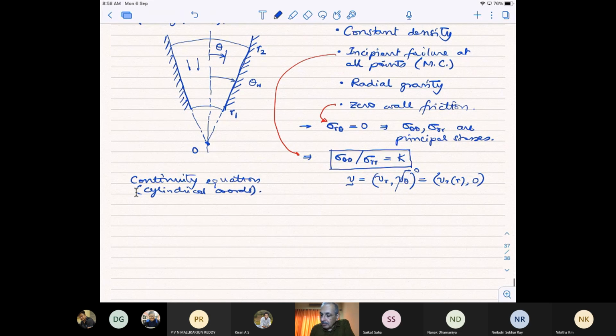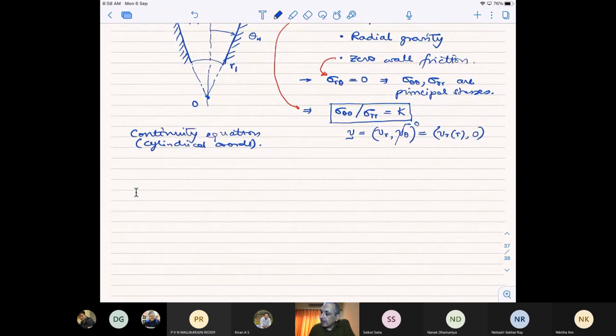So if we write down the full equation and then set v theta and vz to 0, then the only term that remains gives us that Vr is equal to A divided by r, and here A is a constant of integration which we have to find out.